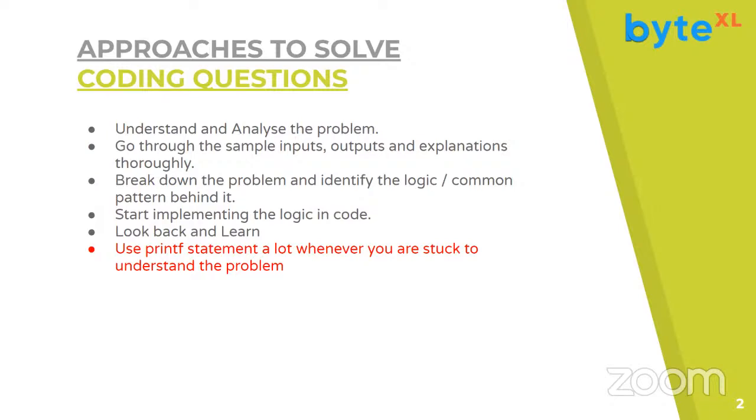You must read the question multiple times and understand the logic behind it. Find out a plan on how we are going to solve the particular question. When you see a coding question, this is how you should start: understand and analyze the problem. Try to read the question multiple times.